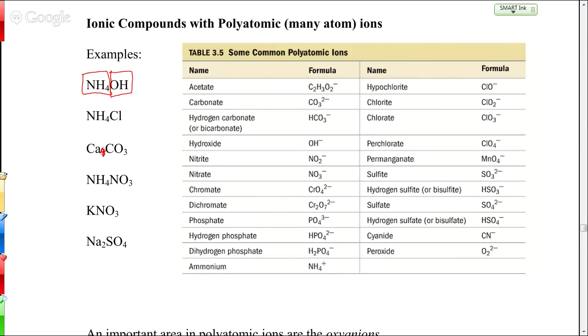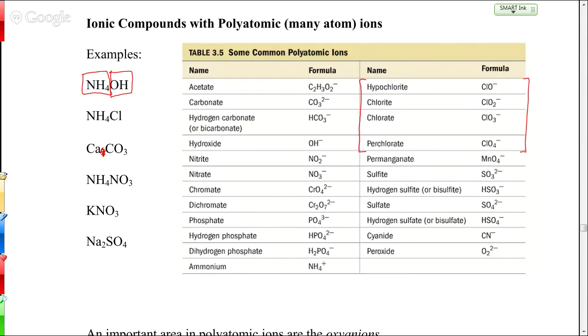But let's look at these chlorine anions for a minute. You'll notice a pattern here, that the more oxygen they have, they keep the same charge, but add oxygen and get different names because of it. So perchlorate has the most oxygen, it's ClO4.